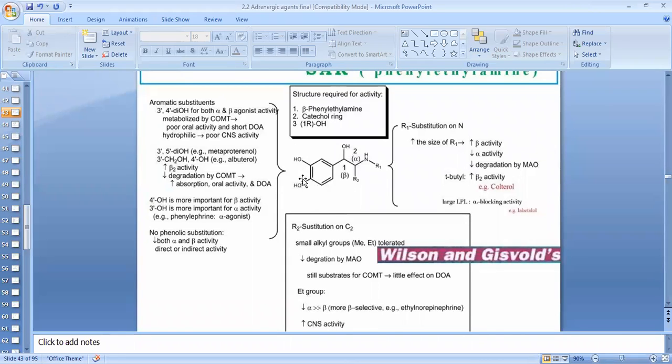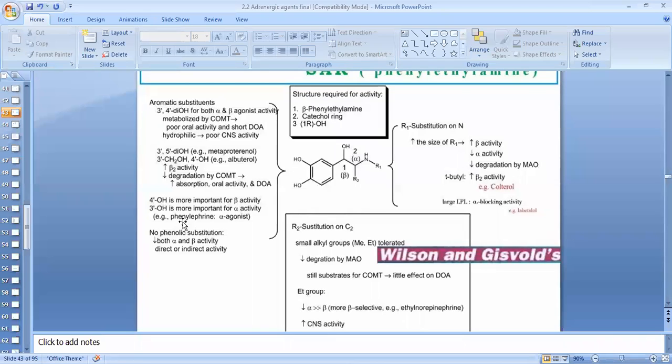And since both groups are present, this catechol ring will give both alpha and beta agonist activity. But the 4-hydroxyl group is required for beta activity and the 3-hydroxyl group is required for alpha activity.